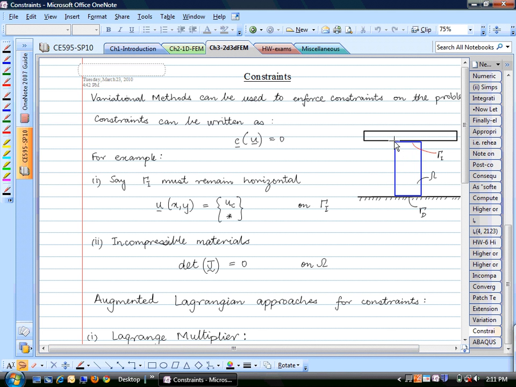So what we are doing is we're trying to find out how to impose constraints on our system. So in general, what the constraint equation looks like is this. You have some displacement. You make some function out of that displacement and set it to 0. So for example, let's say this is a shear wall, and this is connected to a very deep and stiff beam and resting on the floor.